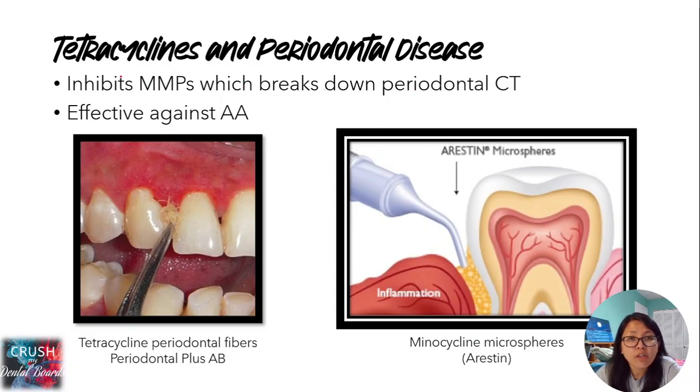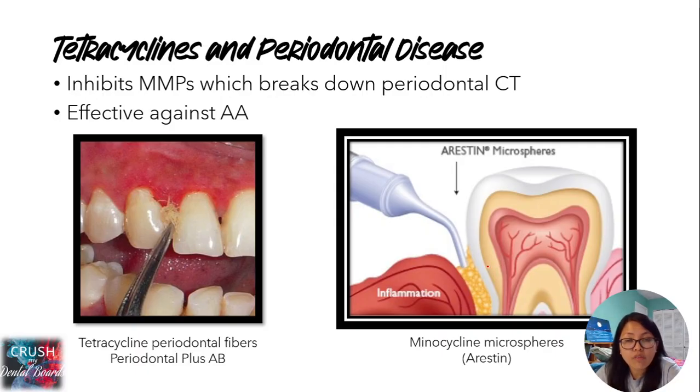Now, the special mechanism of action of tetracyclines against periodontal disease would be this. Tetracyclines would actually inhibit your matrix metalloproteinases, which break down your periodontal connective tissue. Okay, so basically they inhibit your MMPs and thus prevent breakdown of your connective tissue.